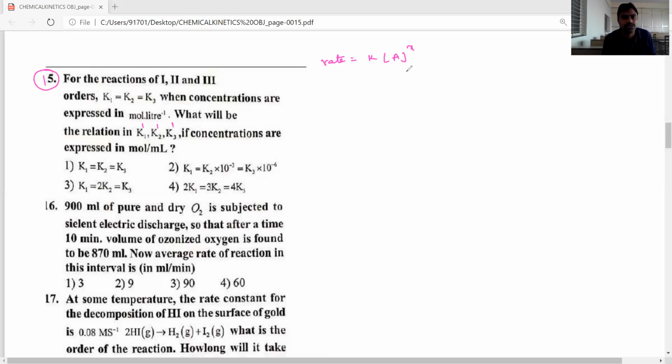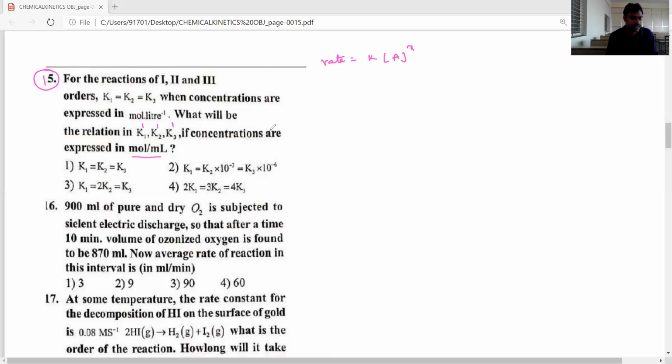Here K1 is equal to K2 is equal to K3. That is the relation when the concentrations are present in mole per liter. Then we have to find the relation between K1 dash, K2 dash and K3 dash when the concentrations are expressed in mole per ml.